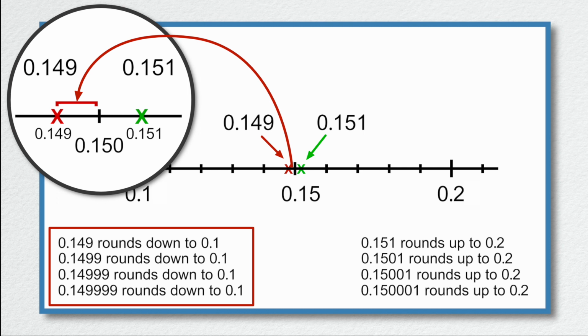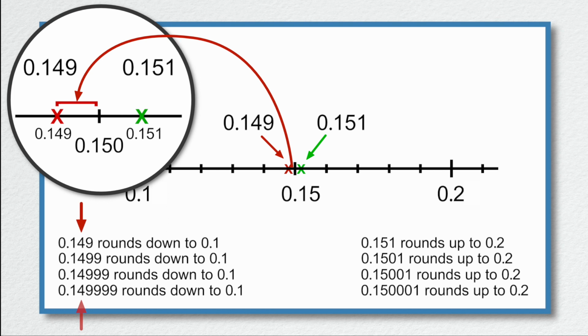These values will always be less than 0.15, and so will always have to be rounded down. The determining digit in this case is the 100ths. We've got 0.14 something, and this will always be less than 0.15. It doesn't matter how many 9s we add on, 0.14 something is always going to be less than 0.15.